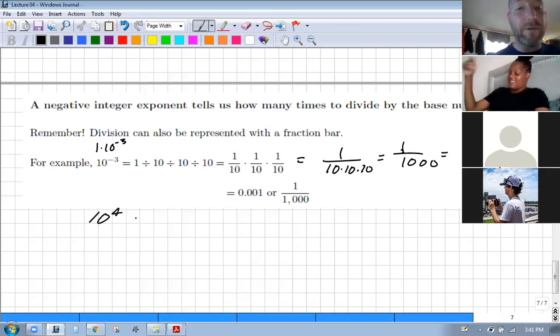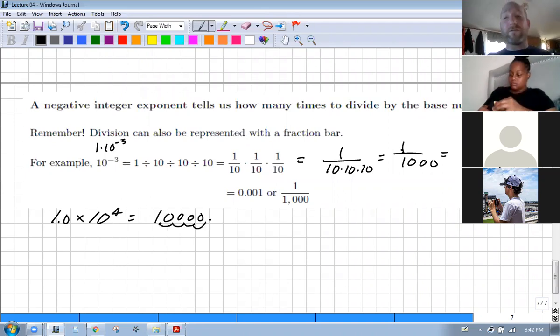So like 10 to the 4th, that's 1.0 times 10 to the 4th. If you take that 1.0 and move the decimal 4 times, 1, 2, 3, 4, that's why you get those 4 zeros.